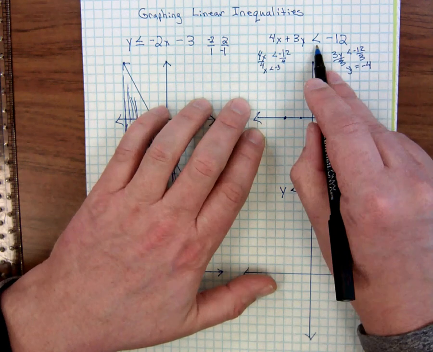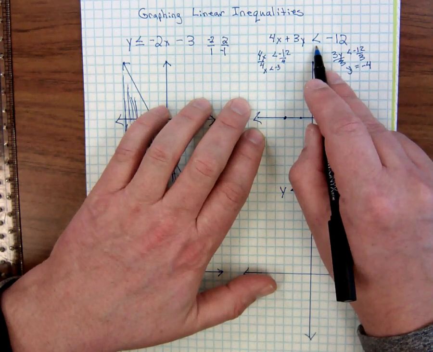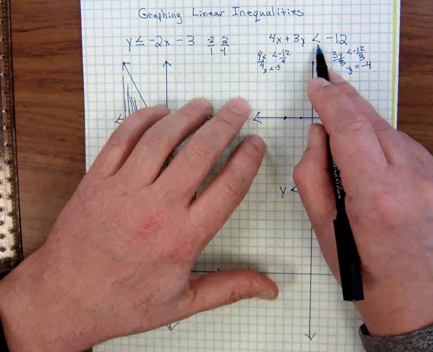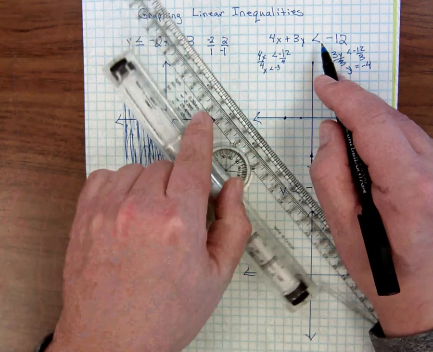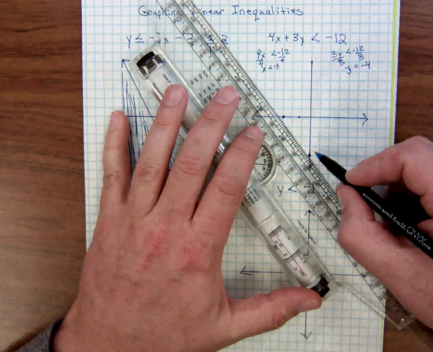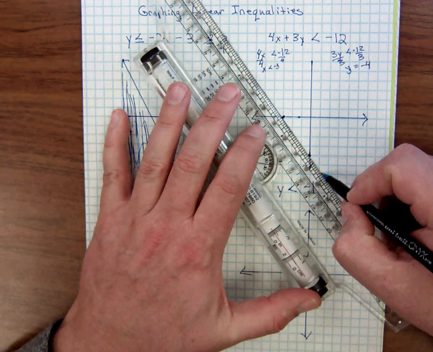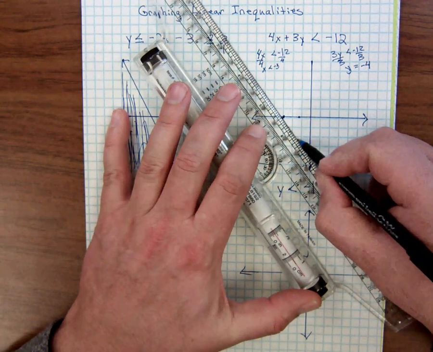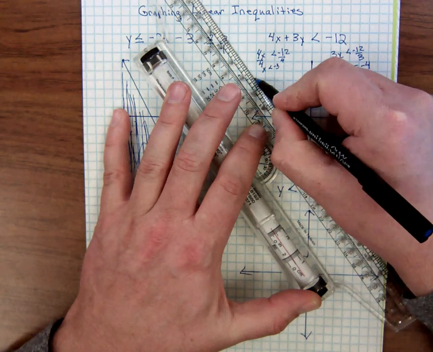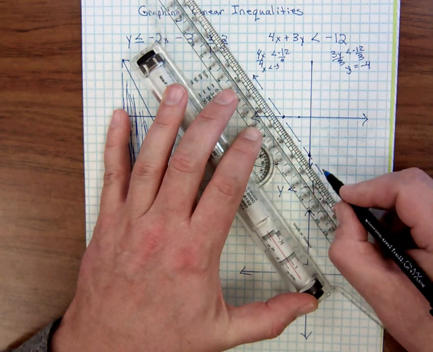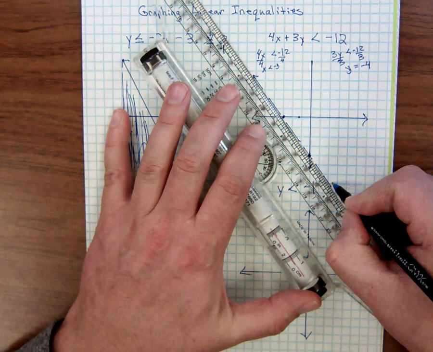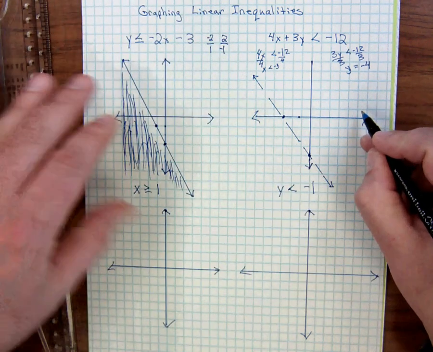Now, notice that we do not have that equal part. So what that means is the line is not going to be part of our solution. And to represent that, we are going to draw a dashed line, stating the fact that any point on this line will not make this inequality true.